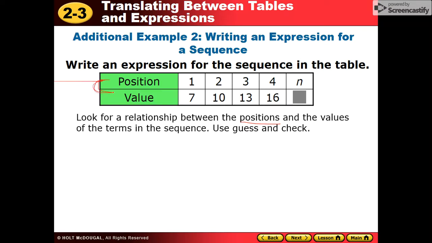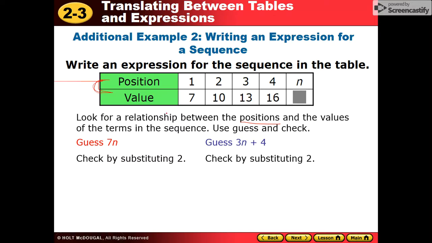So position and value. Make sure you're filling in your boxes in your note sheet. It says use guess and check. So guess 7n and guess 3n plus 4. A couple different things here that you can try.